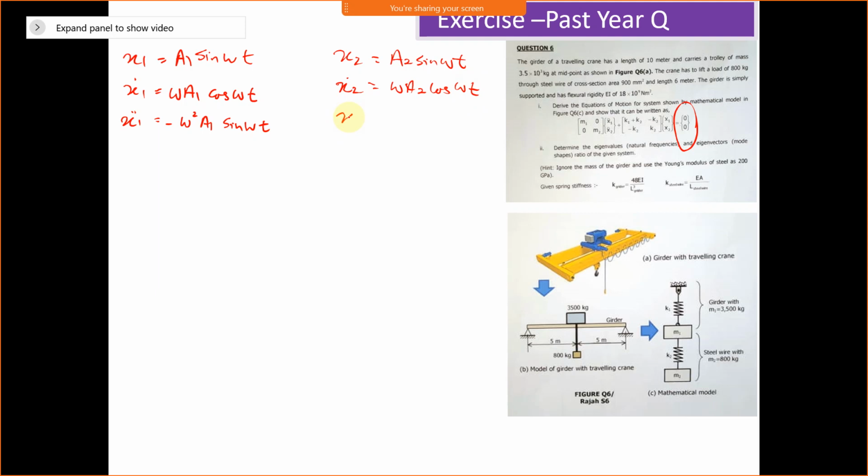And last one we have x double dot 2, negative omega squared A2 sin omega t. Okay, faham sangat tu? Yang ni yang basic je lah, kalau objek bergerak dalam harmonic motion. Alright, so let's say we assume that this is equation number 3. All this adalah equation number 3.